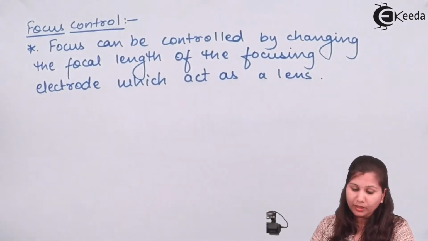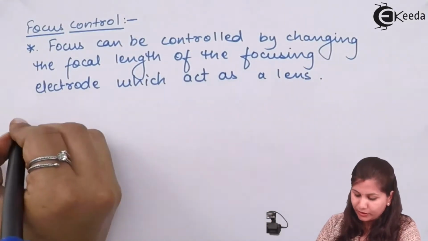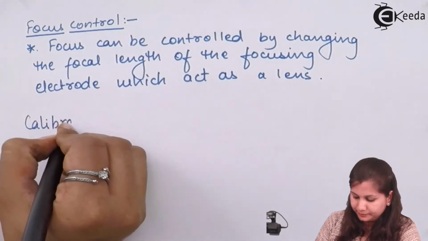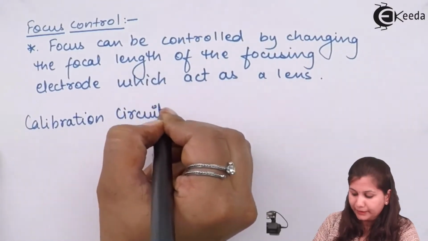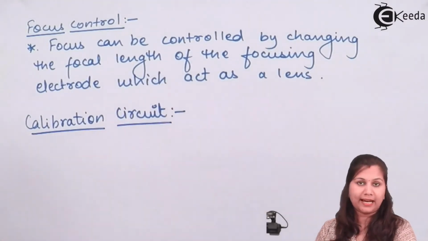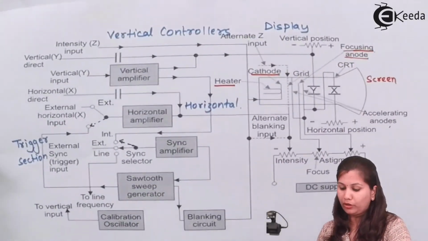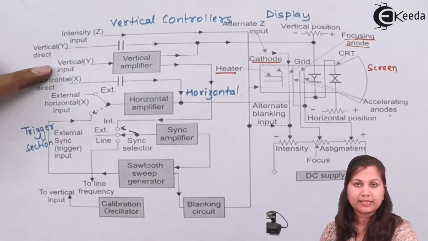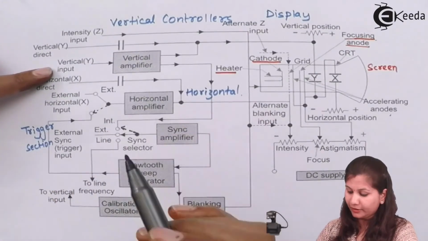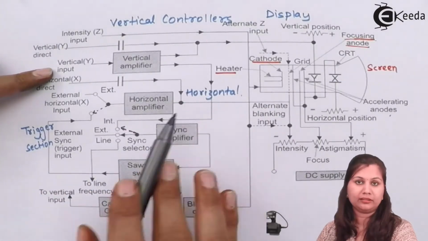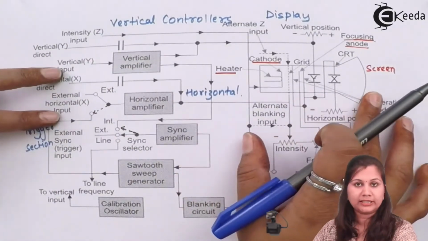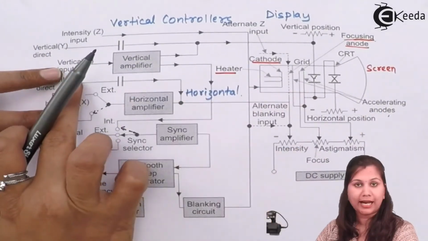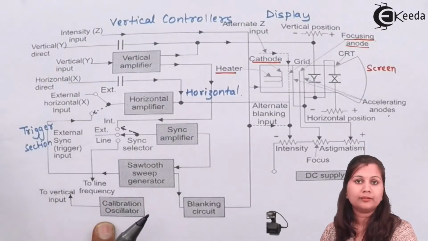Next we have the calibration circuit. If we want to calibrate the CRO, we have to use a standard signal. At the vertical input we provide a standard input signal, like a standard square waveform, and the horizontal input will be the internally generated ramp voltage. That will be displayed over the display area, and with the help of that standard input we can calibrate the circuit.